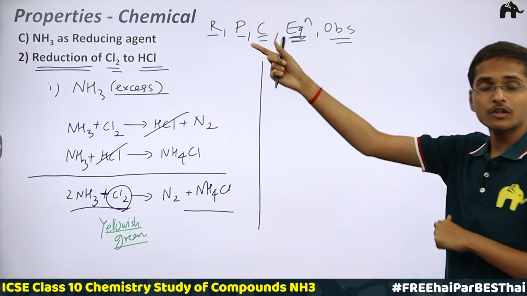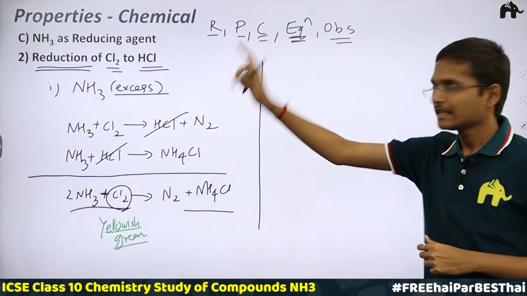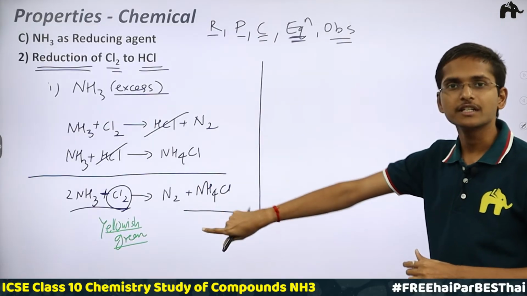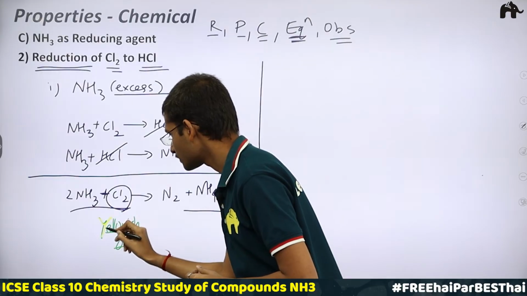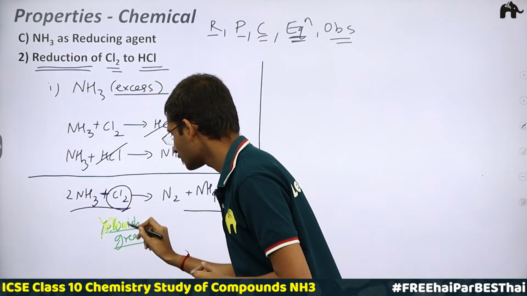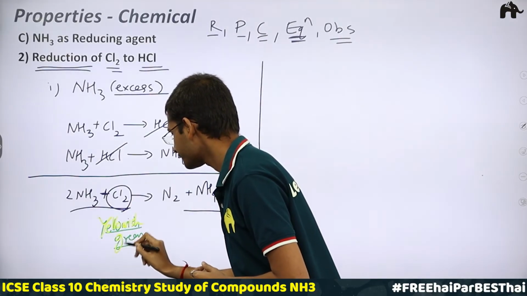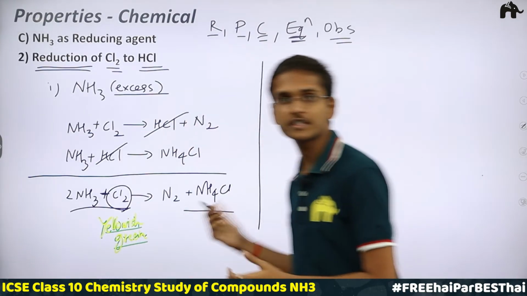The flame color was greenish yellow, right? Here the chlorine gas color is yellowish green. So I would just make it yellow in this way, yellowish green, to give a feel of yellowish green.